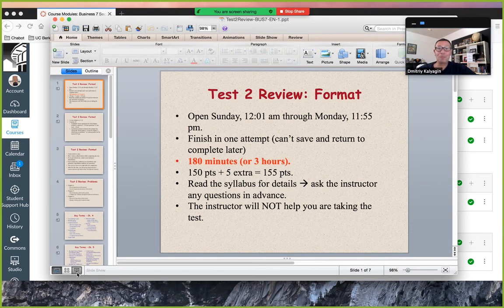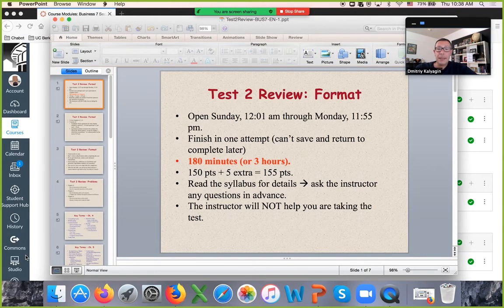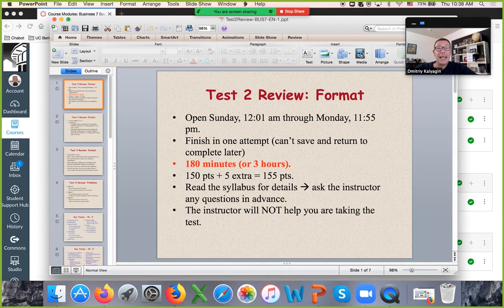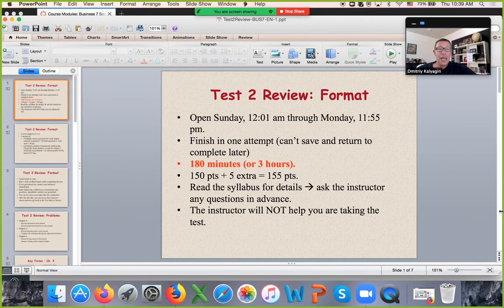Here we go. Your test format will be the same as the format of the first test you completed after chapter 3. The test will be open for almost 48 hours. It will open from 12:01 a.m. on Sunday until Monday 11:55 p.m. You have only 3 hours to complete the test, 180 minutes.